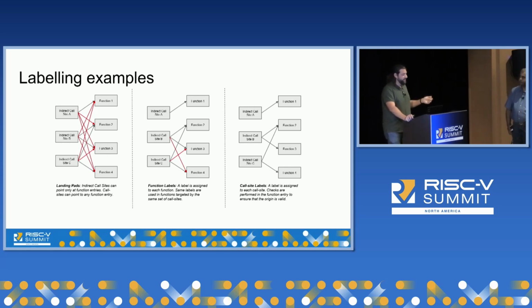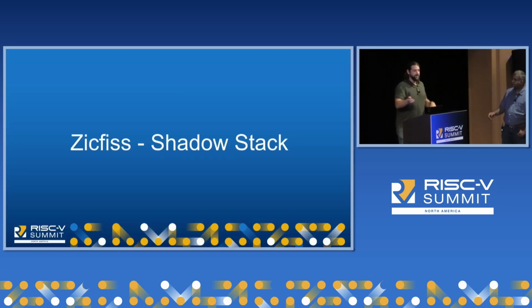And the other thing that has been worked on during this year is having function type based labels, so an indirect call site can only point to only specific function types. So now Ved is going to discuss more on the hardware aspects of this specification.